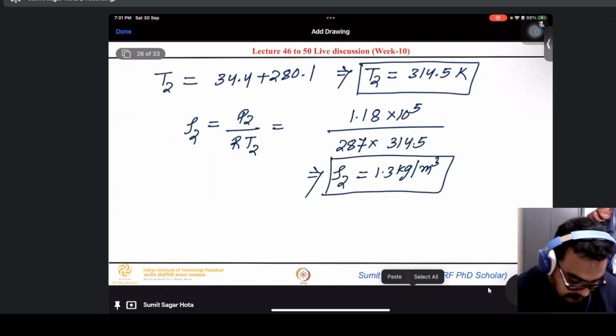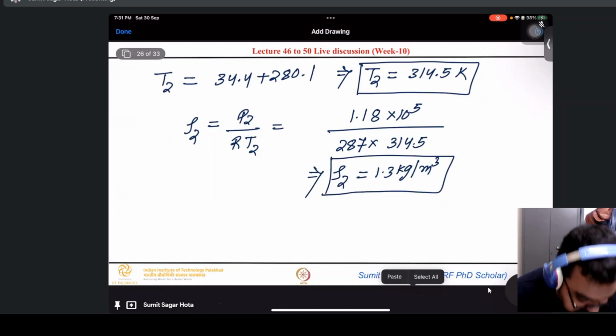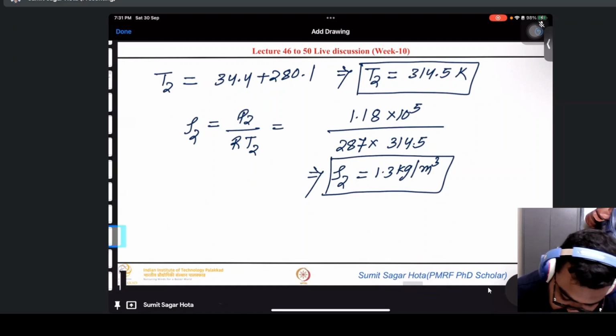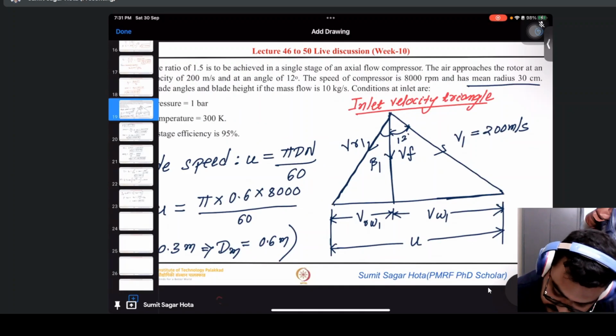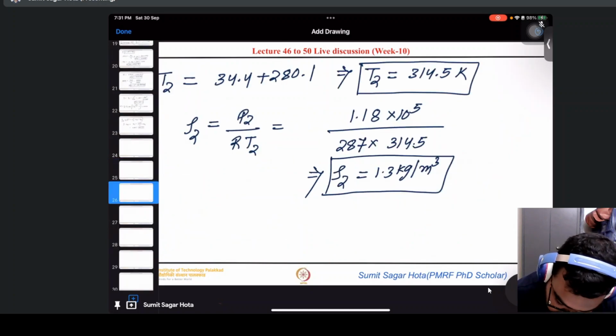Okay, so now you know rho. That means now you can find out the mass flow rate. I think mass flow rate is given in the question. Yes, 10 kg per second is the mass flow rate. Now you can apply that formula.